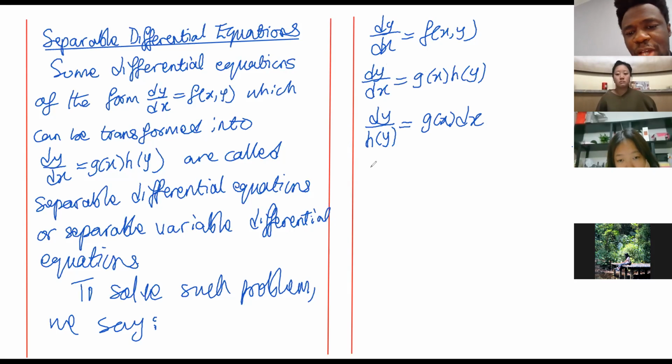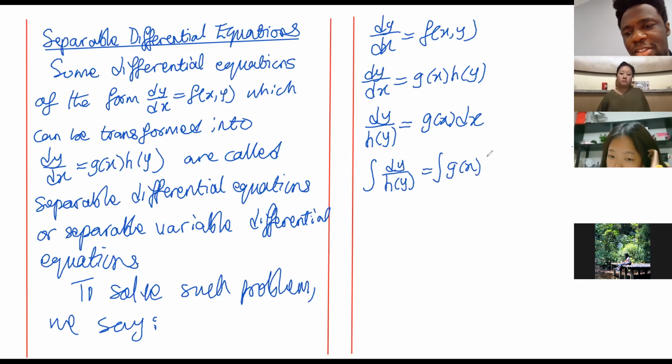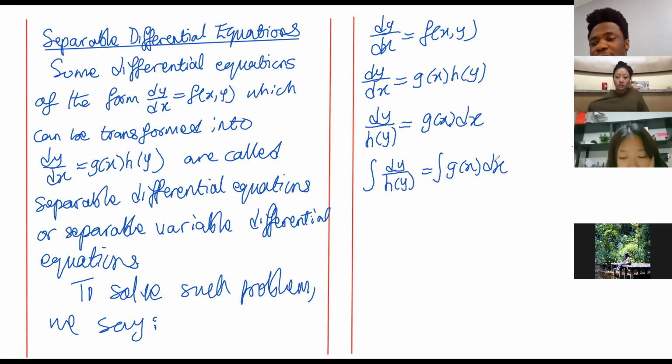Then we integrate both sides: the integral of dy over h of y is equal to the integral of g of x dx. And we solve it. That's it. It makes sense to integrate a function of y with respect to y, and a function of x with respect to x. So this is the idea of separable differential equations.